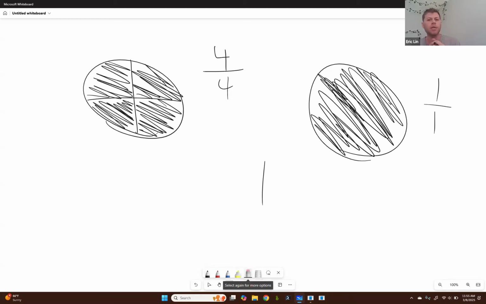So I want you to consider that one entire thing can have a fraction like 4 over 4, 1 over 1, 2 over 2, 3 over 3, etc., 100 over 100. But all of those things are representing one whole thing shaded in. So they are also all equal to the number 1.